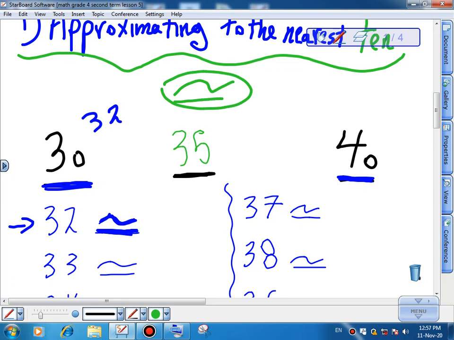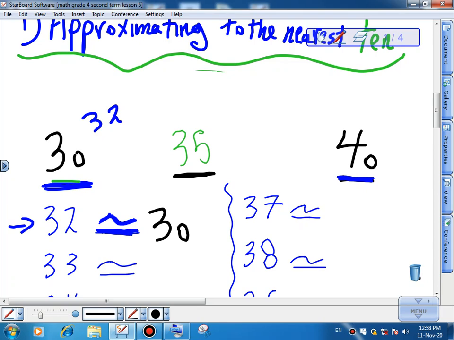Okay? It's different from equal. This is called equal, but this symbol is called approximation. Approximated to the nearest 10, 100, 1,000, whatever. If I need to approximate 32 to the nearest 10, 32, as we said, is nearer to 30 than 40. So the approximation will be 30.